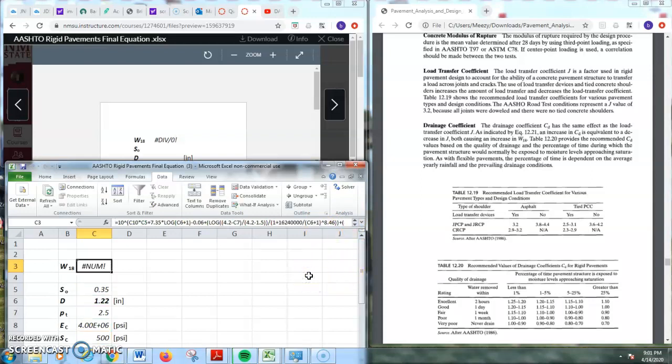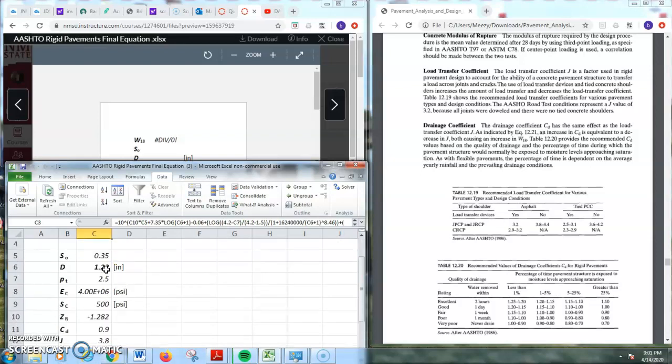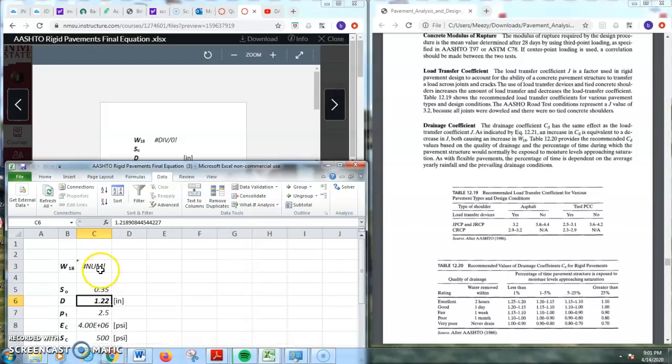I'm not sure why I'm getting an error, why that's not popping up with a value.